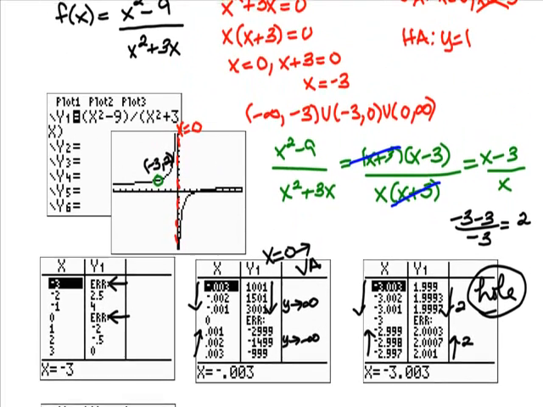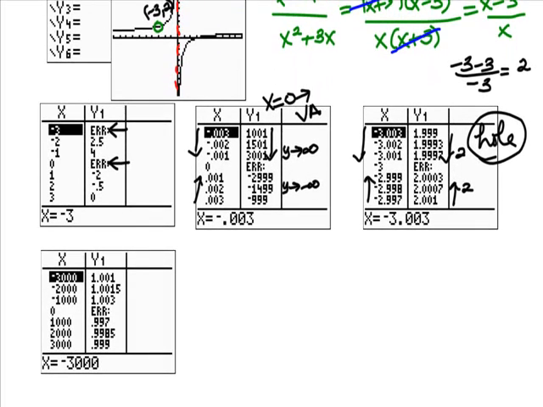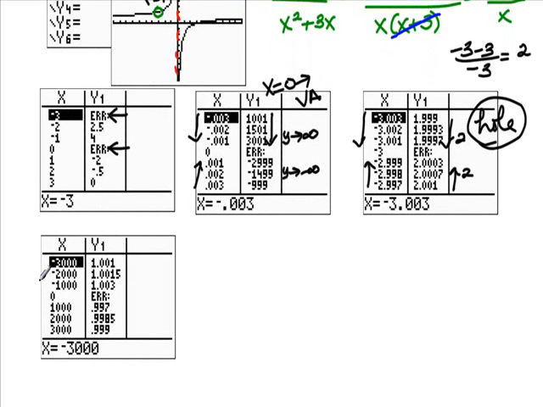Now, lastly, what is our horizontal asymptote? We can just confirm this. Remember, horizontal asymptote means what's happening as we go to plus or minus infinity. What's happening to the y values? Well, as x is going to plus or minus infinity, what's happening? Yeah, these values are going closer and closer to 1. So that means we have a horizontal asymptote at y is equal to 1.